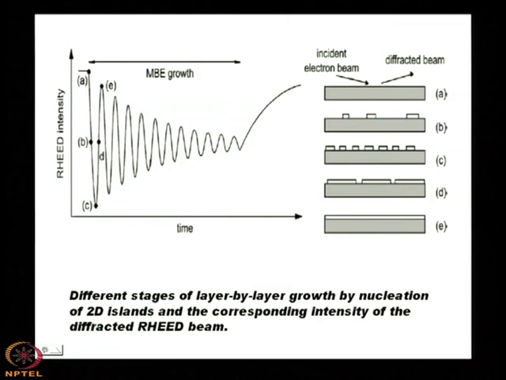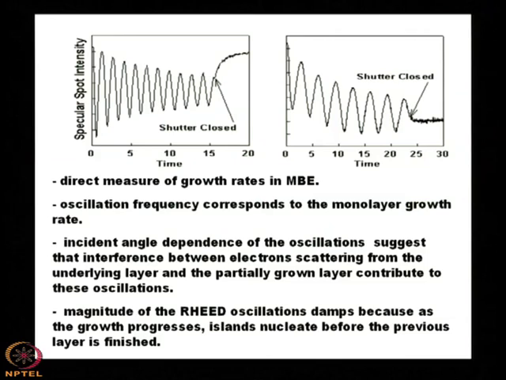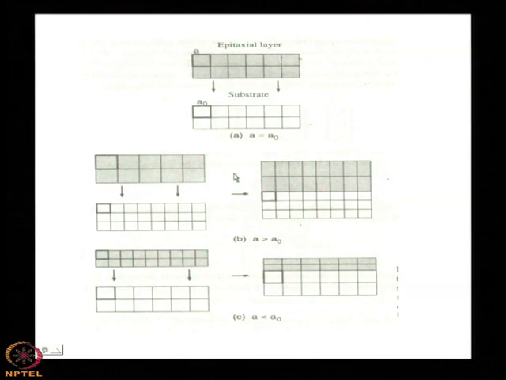The oscillation frequency corresponds to the monolayer growth rate, so from the frequency you can see how many monolayers have grown. That is not a very easy process obviously, but for optimization you have to follow that path.